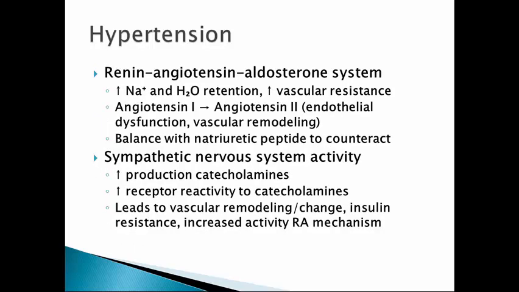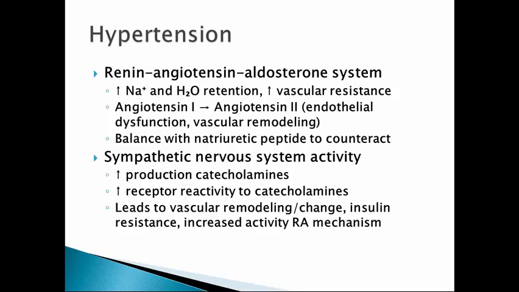Two of the major mechanisms as we think about hypertension, essential hypertension, are the renin-angiotensin-aldosterone system and sympathetic nervous system activity. So we know that with the renin-angiotensin-aldosterone system, we're looking at two essential areas.